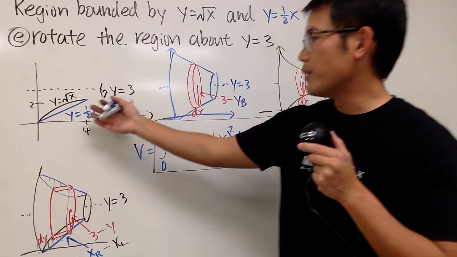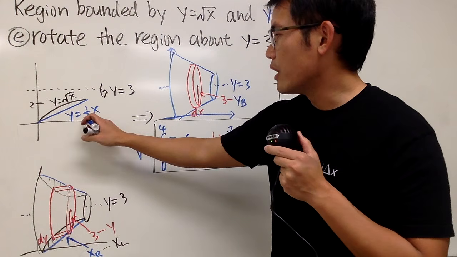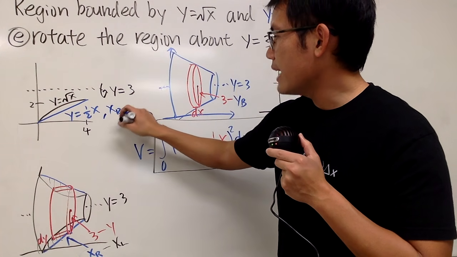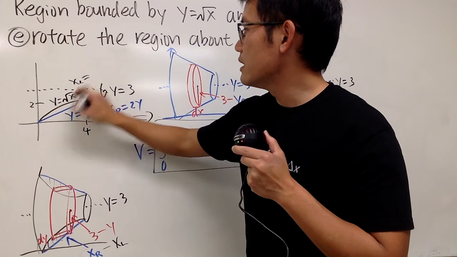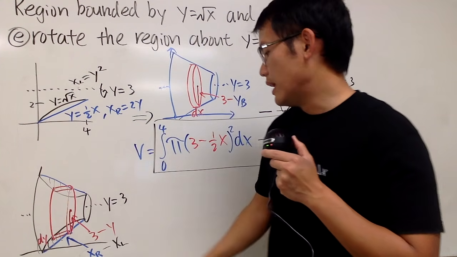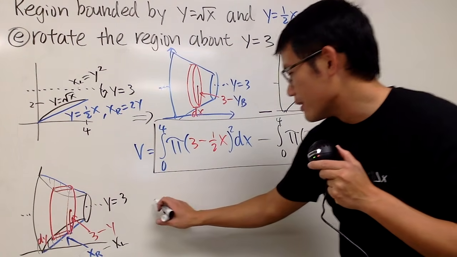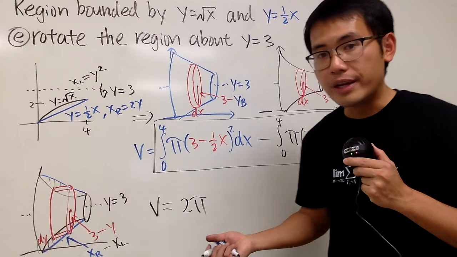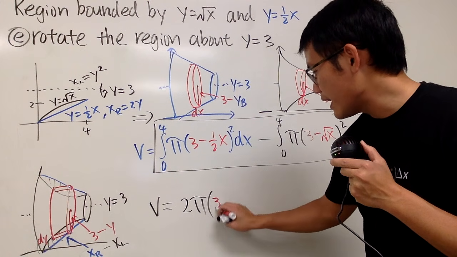And of course, we can just refer back to our equations. The blue one is on the right, so have a look here. I will just, of course, multiply both sides by 2, so x on the right is 2y, and of course, the x on the left is y squared. And we're just doing this minus that in the y world. So now, the volume by the shell method is equal to 2 pi times the radius, and the radius is just that, namely 3 minus y.